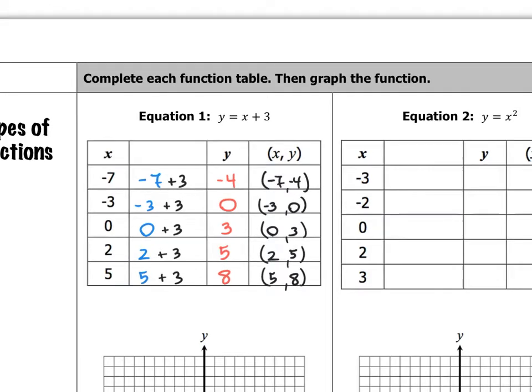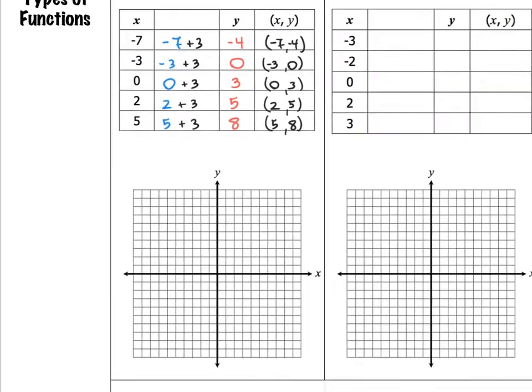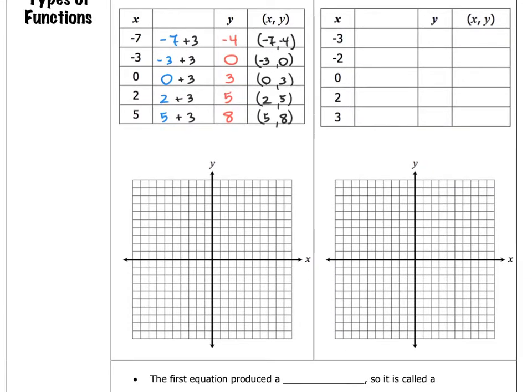Now that I have those ordered pairs listed, I'm going to plot them on my coordinate plane. So -7, -4 will be here. -3, 0 here. 0, 3 here. 2, 5 here, and then 5, 8 right there.